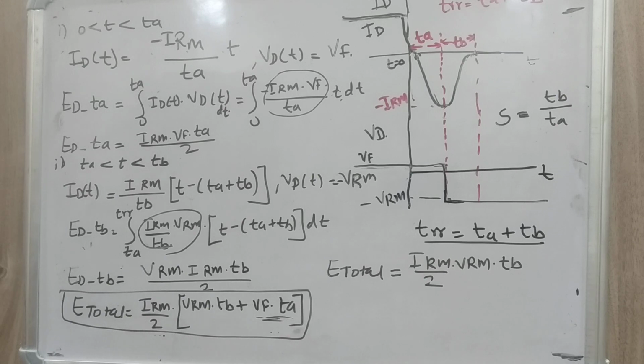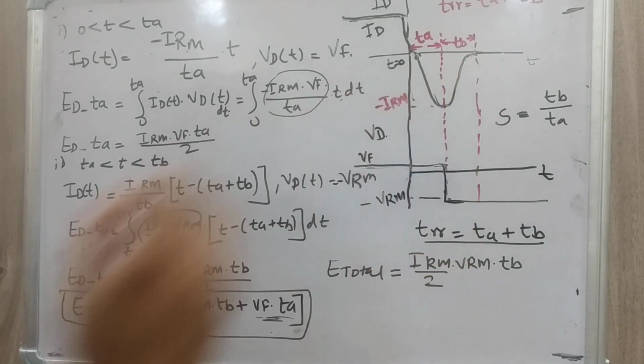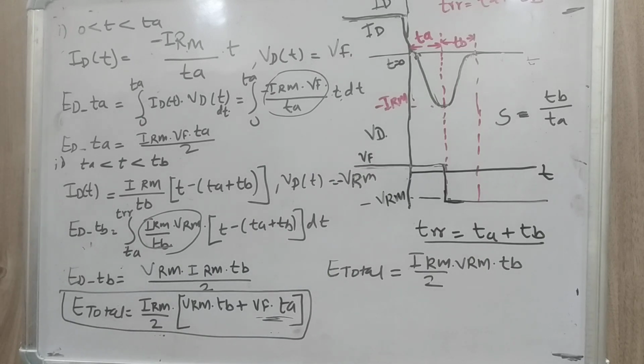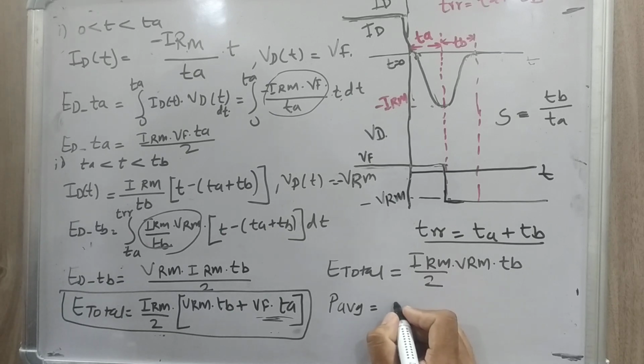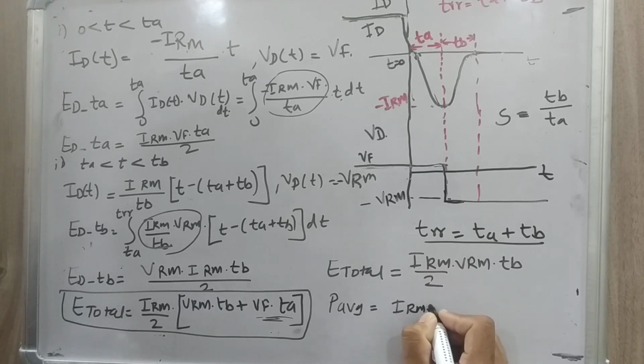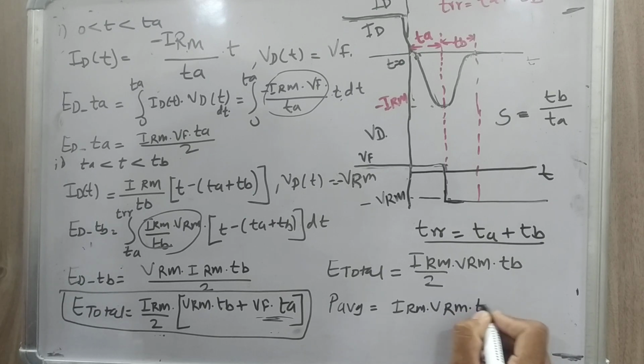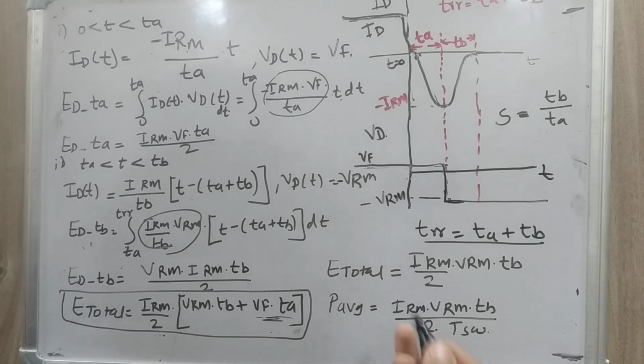Now in a DC-DC converter, this energy loss will happen at each PWM cycle, whenever the diode is reverse biased, right? So we will average it out. Over one time period, P average inside the diode will be IRM into VRM into TB upon 2 into TSW, which is the switching period.